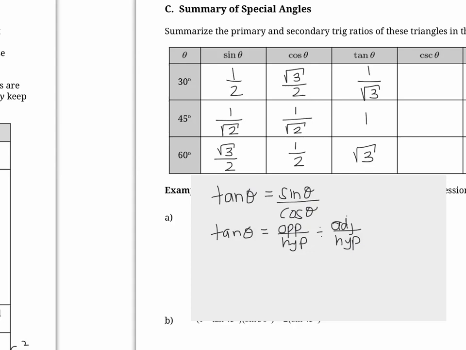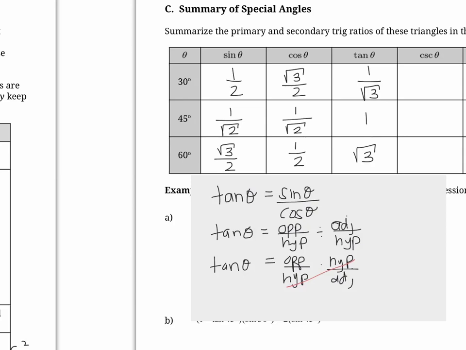We know that to divide a fraction, a fast way to do it is just flip it and multiply. So this would be the same as opposite over hypotenuse times the reciprocal of adjacent over hypotenuse, so hypotenuse over adjacent. And then our hypotenuses would cross out because hypotenuse divided by hypotenuse is just going to be 1.